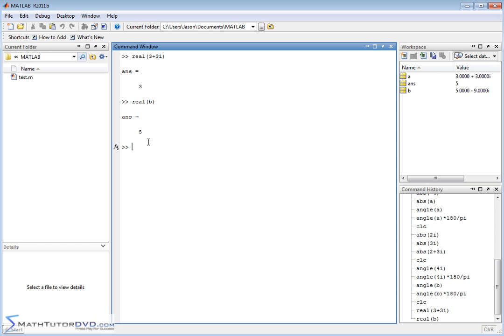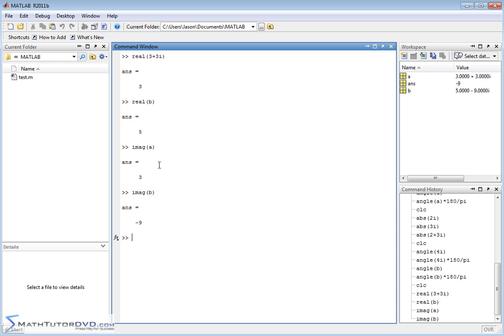The same thing works just fine with imag. If I stick the variable a into the function imag, the imaginary part is 3. If I stick variable b in there, the imaginary part is negative 9, so it's going to return negative 9.